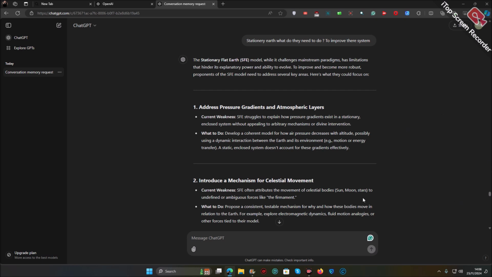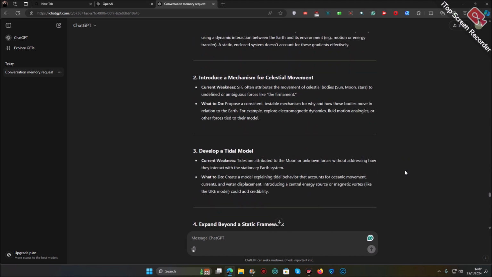What to do? Develop a coherent model for how air pressure decreases with altitude, possibly using a dynamic interaction between the Earth and its environment, e.g. motion or energy transfer. A static enclosed system doesn't account for these gradients effectively.